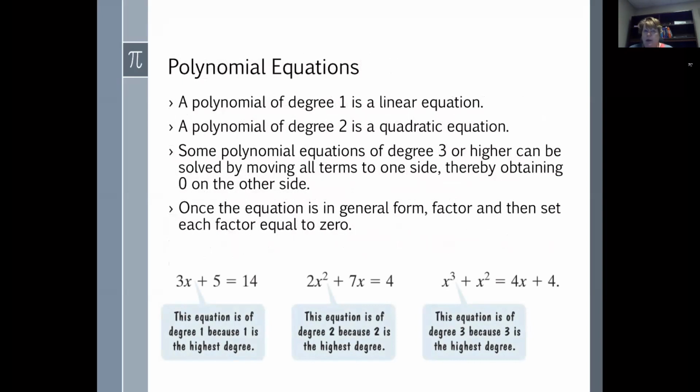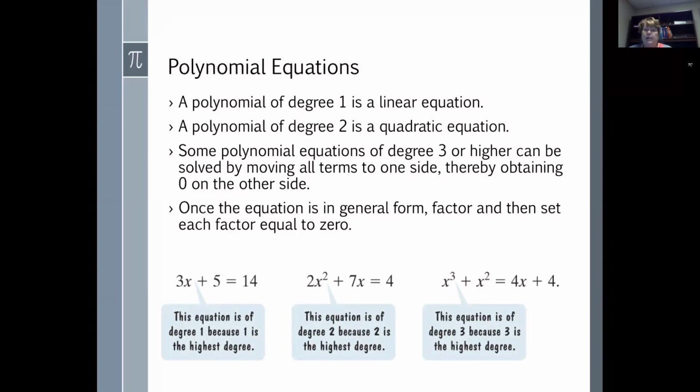Some polynomial equations of degree 3 or higher can be solved by moving all the terms to one side and getting 0 on the other, or getting it in general form. Once it's in general form, you can factor it and set each factor equal to 0 per the zero product principle. The zero product principle says that if you have factors and their product is equal to 0, one of the factors must be equal to 0.